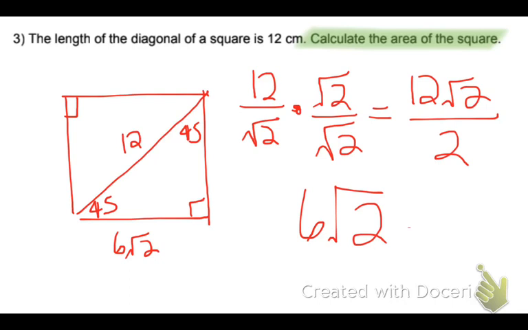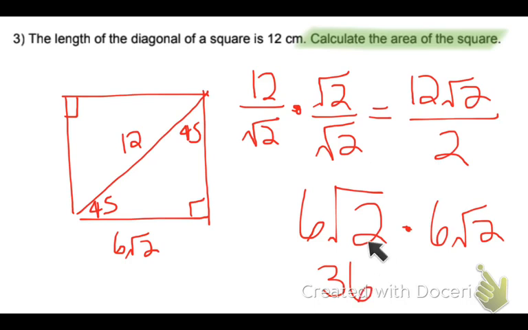So we want to do 6 root 2 times 6 root 2. We multiply the things that aren't under radicals, so the two 6's, and that gives us 36.